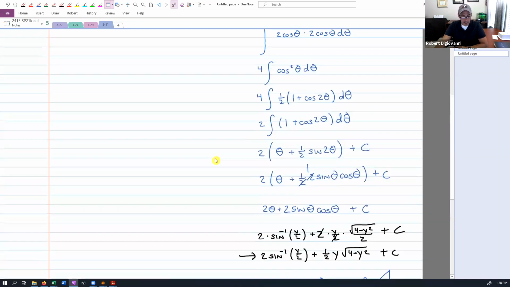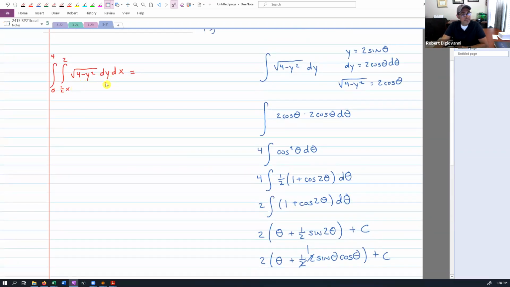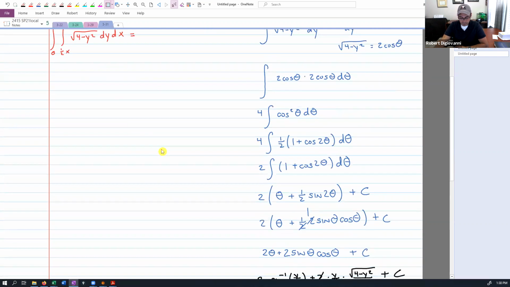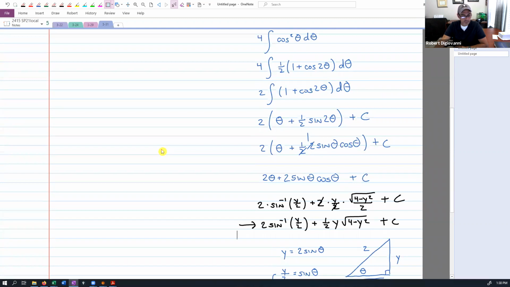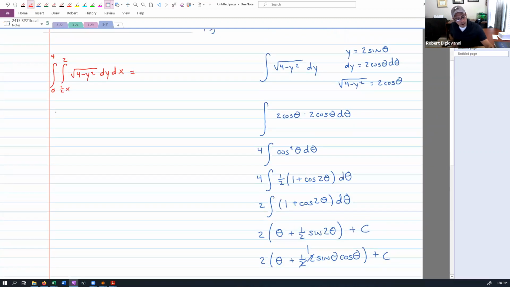So that's what I'm going to plug in up here for my inner integral. Here it comes. I have the integral from 0 to 4.